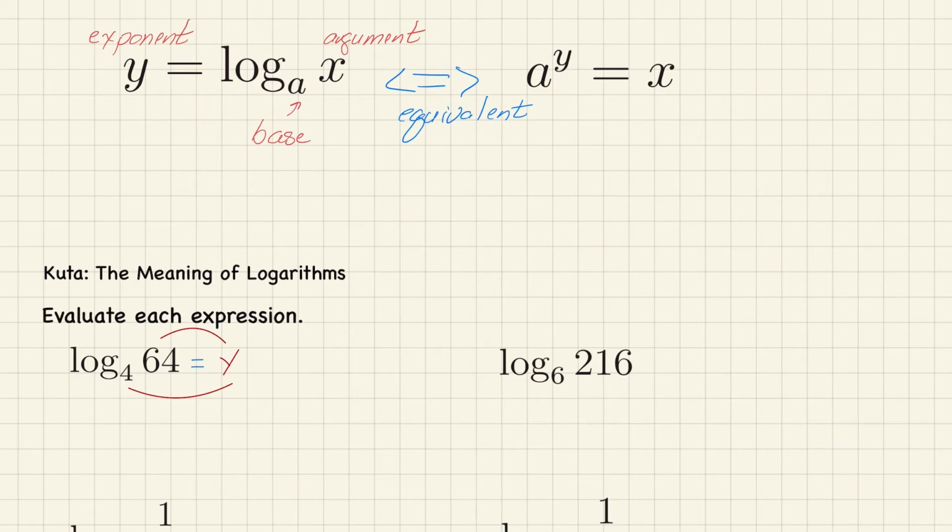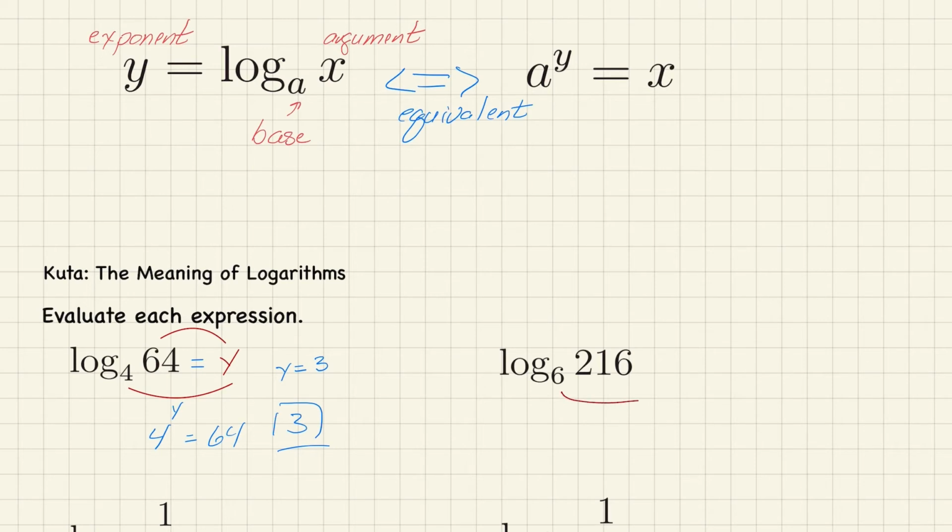Okay, so if we were to finish writing this expression, this is what we would get. 4 raised to what power gives us 64? 4 raised to the 1 power is 4. 4 raised to the second power is 16, so 4 times 4 is 16. 4 raised to the third power, 4 times 4 is 16, times 4 is 64. So this means that y is equal to 3, okay? So 3 is our answer.